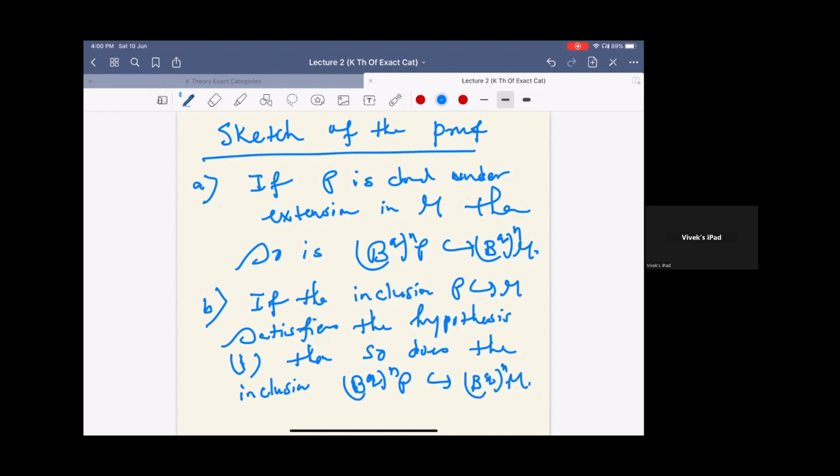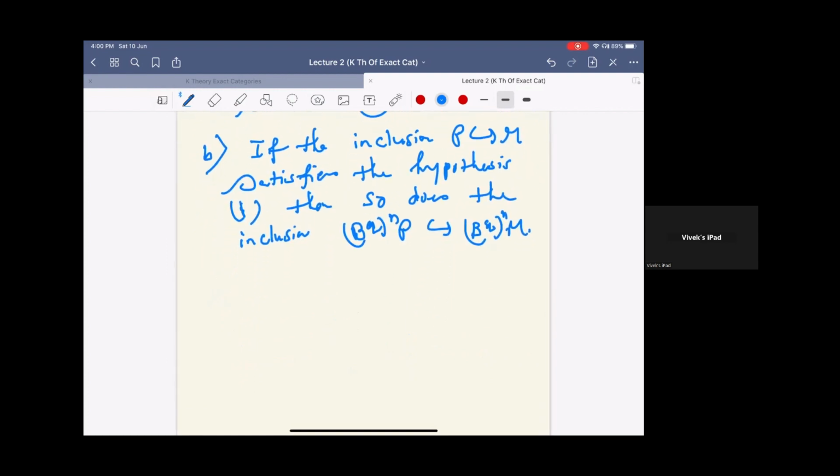Okay, so that is hypothesis one. If the inclusion of rho in M satisfies hypothesis one, then so does this binary complex. And then third, now we have to check the second hypothesis. So that is the following.